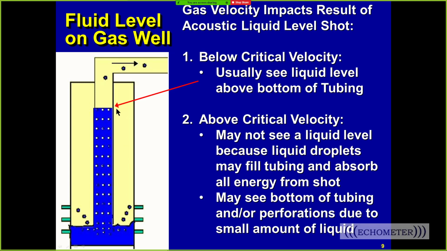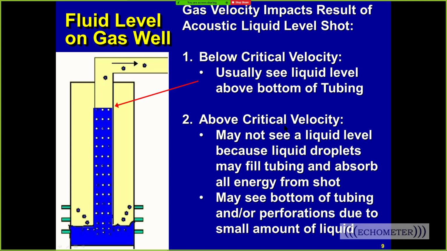If you're below critical rate and you shoot down the tubing, you're going to see a liquid level in the tubing, unless you shut the well in too long before you shot the fluid level. And if you shut the well in too long, sometimes just 20 minutes or less, then all this liquid accumulation in the tubing is going to get pushed out. So you have to be kind of cautious about shutting the well in and waiting around to shoot the fluid level.